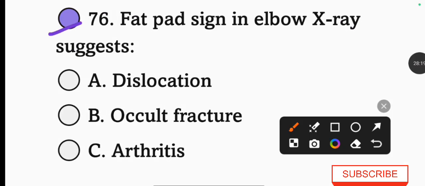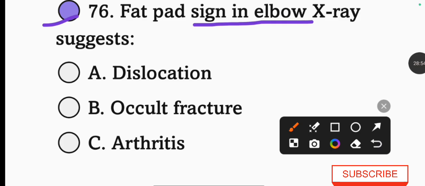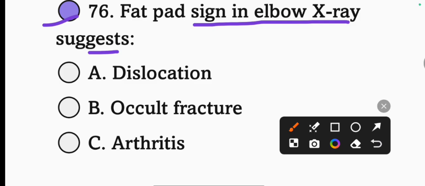Now come to 76 questions. Fat pad sign in an elbow X-ray suggests. So fat pad sign is actually a hidden fracture, seen normally on the posterior side. The fat pad is not normally visible, but after trauma, a joint effusion pushes the fat pad, so it is seen visually.